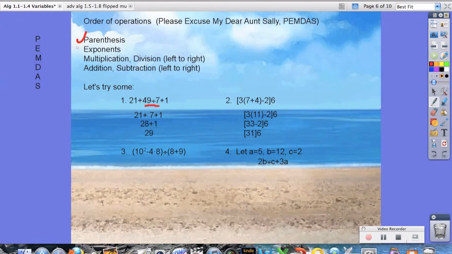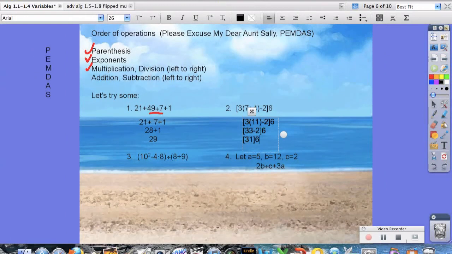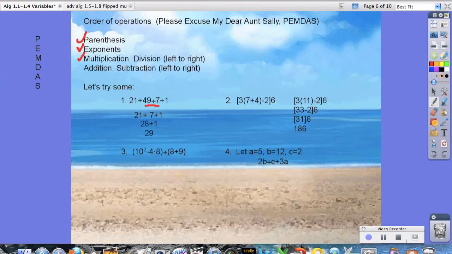Notice how we have no more parentheses, we have no more exponents. We do have multiplication or division, so let's go ahead and do that. So 31 times 6 is 186. And we're done with multiplication and division, and we actually have no addition or subtraction now, so done.